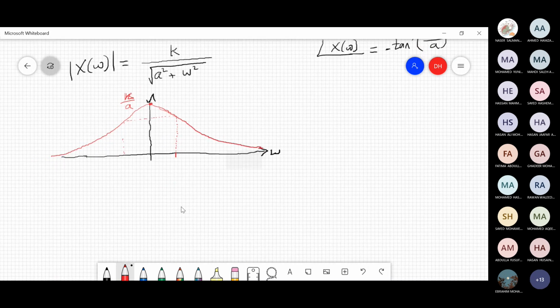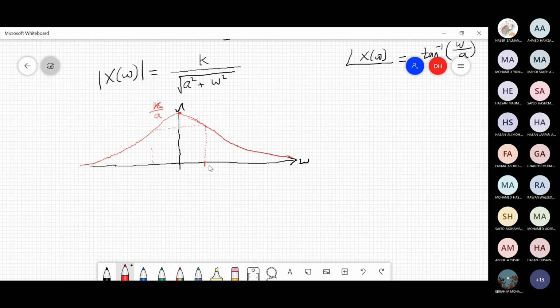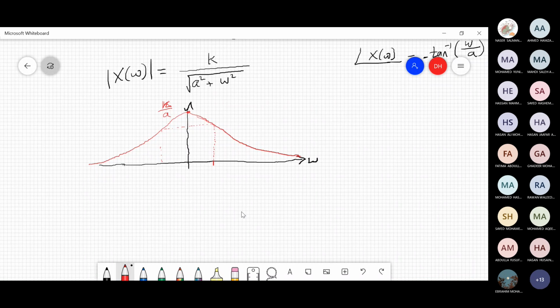At omega equal to A, okay, omega equal to A, then it will be equal to K divided by the square root of 2A squared, because omega equal to A. So at omega equal to A, it will be equal to K divided by A divided by root 2, of the maximum magnitude.